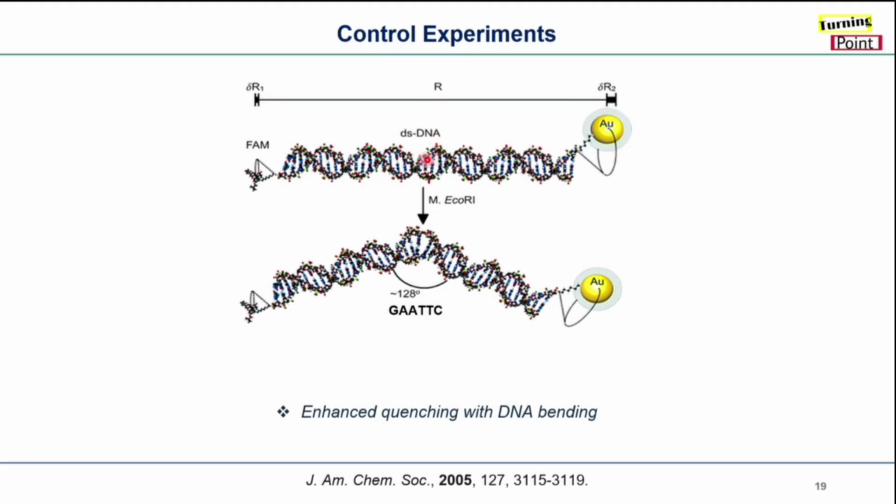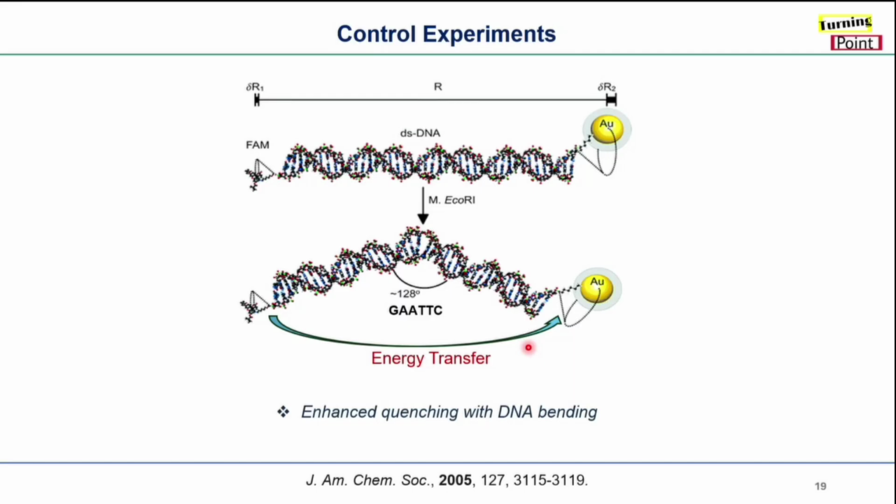To test the distance dependency, they introduced a specific DNA binding protein known as MECORE, which recognizes the selective GATTC site on the double-stranded DNA and bends it by 128 degrees. This binding effectively reduces the spatial distance between the donor molecule and the Au nanoparticle. As a result, we can see the energy transfer efficiency increases, leading to fluorescence quenching of the donor molecule.